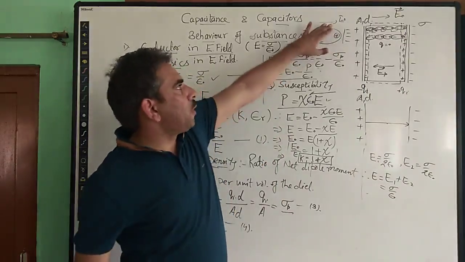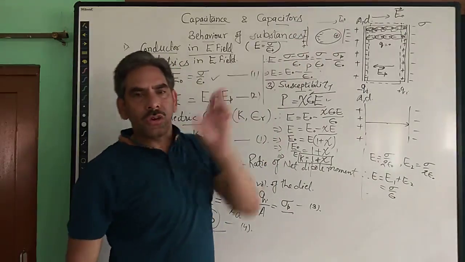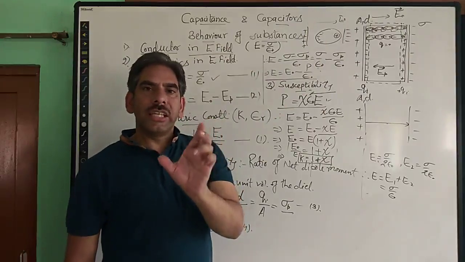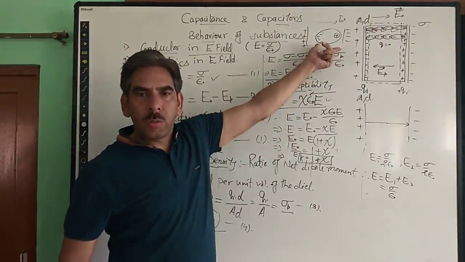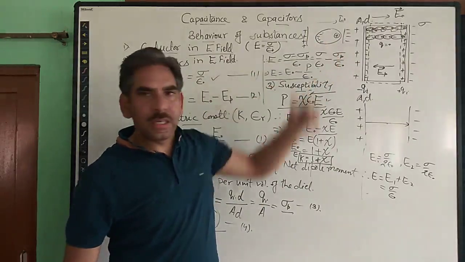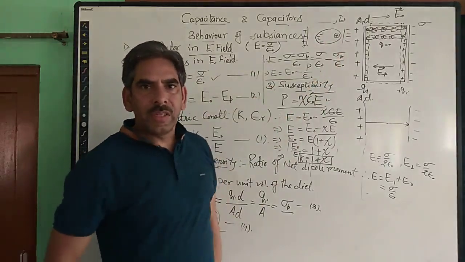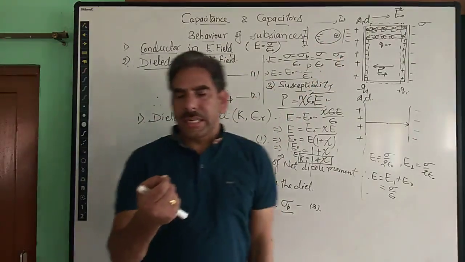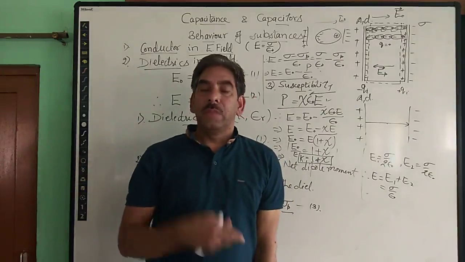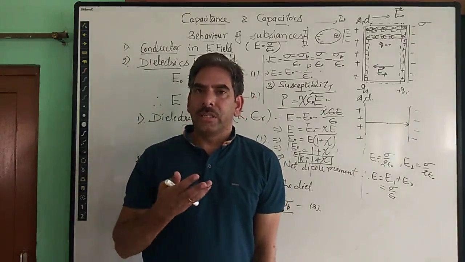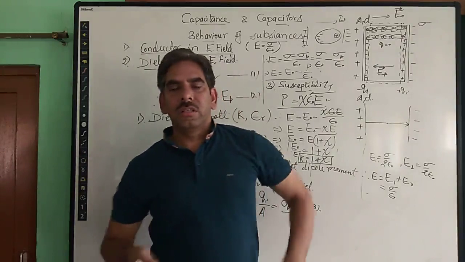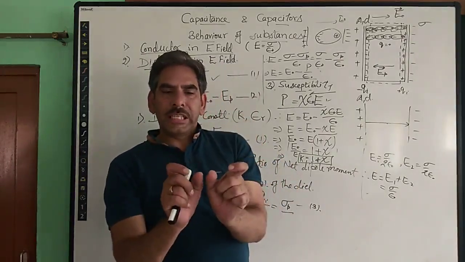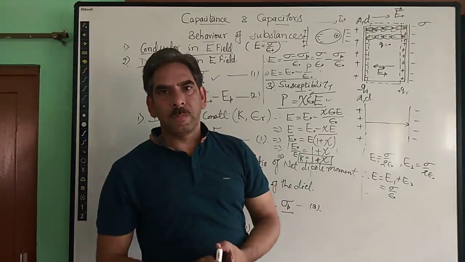So this maximum value of applied field is called the dielectric strength of the non-polar dielectric substance or non-polar dielectric atom. It is the dielectric strength of that dielectric substance, the maximum value of the applied electric field at which the breakdown of positive and negative charges takes place.